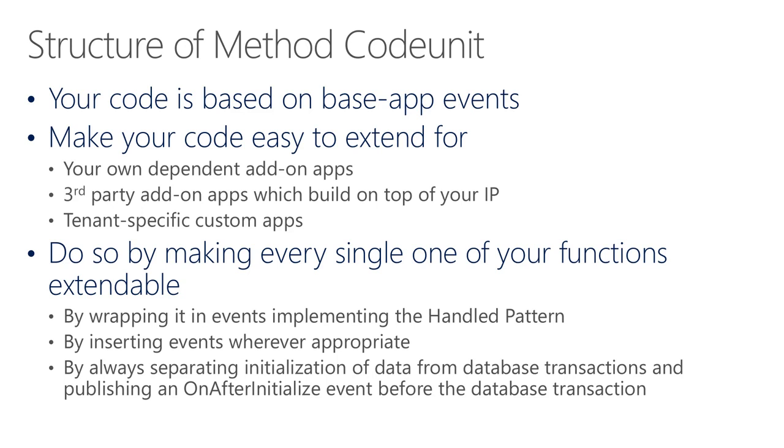So keep in mind to make your own code extendable as well, preferably even more so than the current Business Central Base app. Make your code easy to extend for your own dependent add-on apps, for third-party add-on apps which build on top of your IP, and for tenant-specific custom apps written by your reselling partner for a specific implementation. Do so by making every single one of your functions extendable.